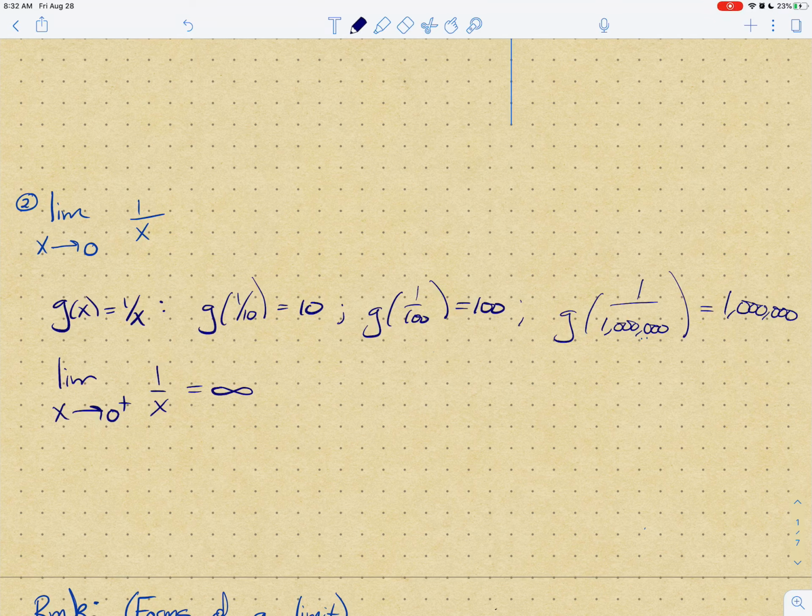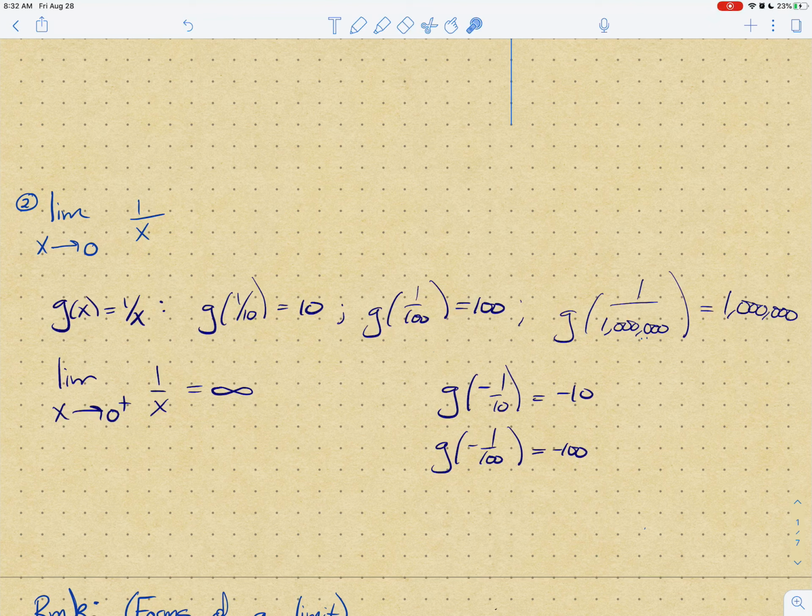That's certainly infinity. But now let's think about what happens when I come from the other side. I'm coming from the right, blowing up to infinity. When I come from the other side, x is negative now. So think with me. If I look at g of negative 1 over 10, I get negative 10. If I look at g of negative 1 over 100, I get negative 100.